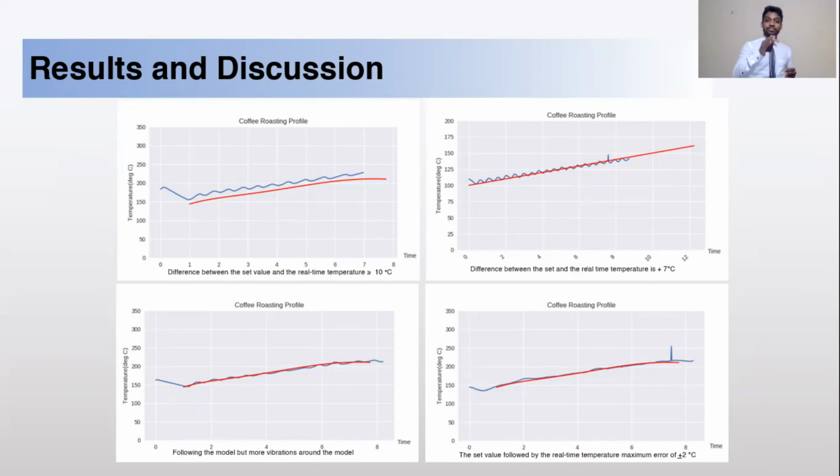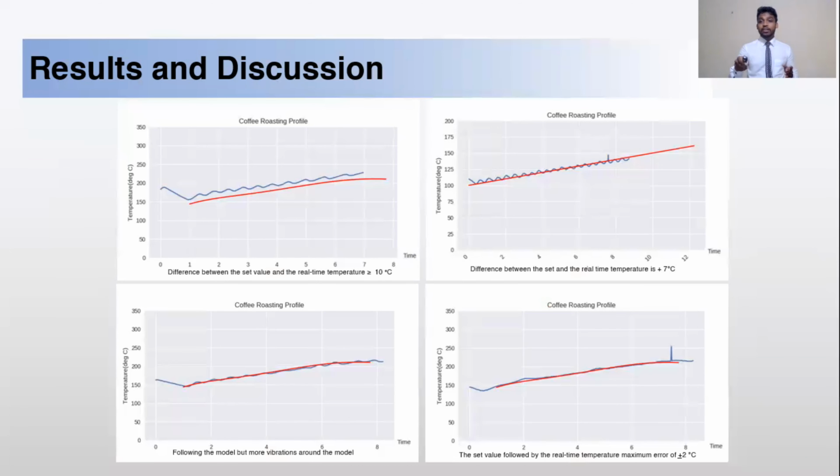As you can see in the first graph, the real-time temperature fluctuates 10 Celsius above the set values, and in the second graph, the real-time temperature fluctuates around the set value with plus or minus 7 Celsius. In the third graph, we are close to a temperature following system, and it follows the set value, but there are many fluctuations.